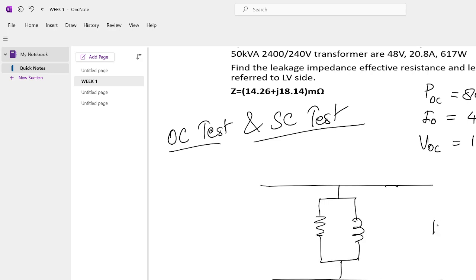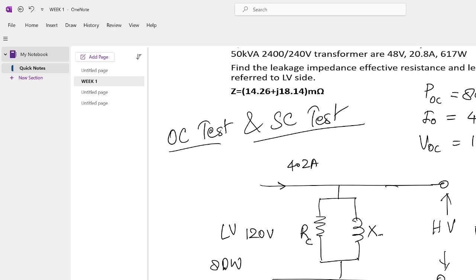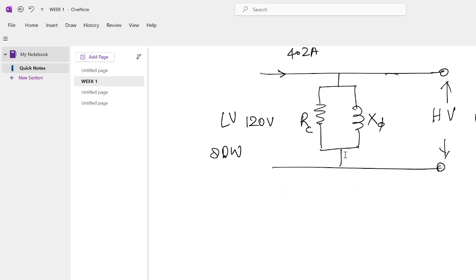We have the high voltage side open, with no load connected, and at the low voltage side we apply 120 volt, so that it draws 4.2 ampere current and power of 80 watt. So this is RC and this is X5 or XM, whatever you say. These are the no load parameters which we need to find out.